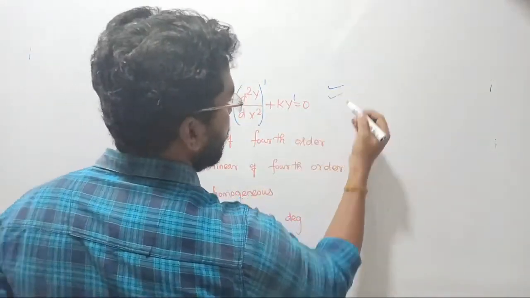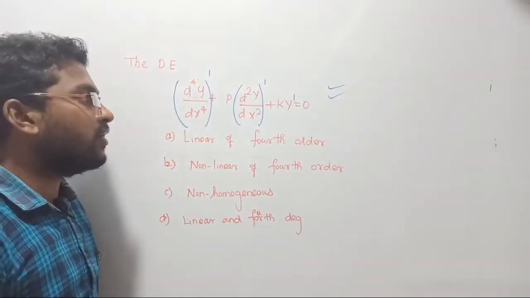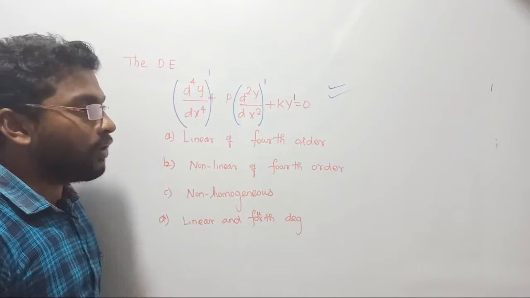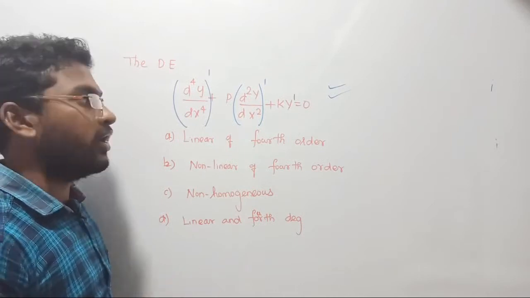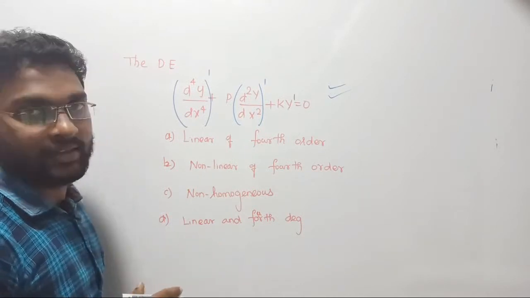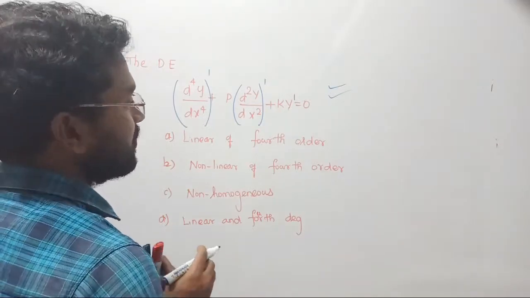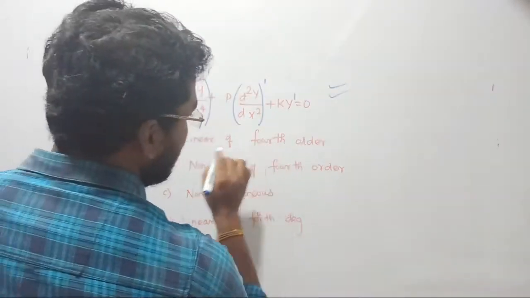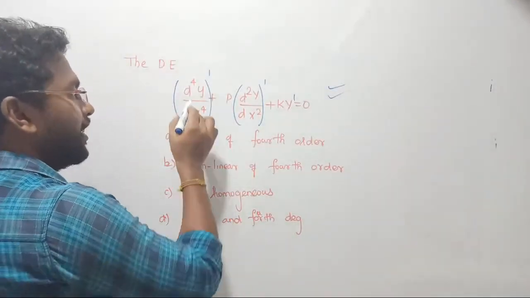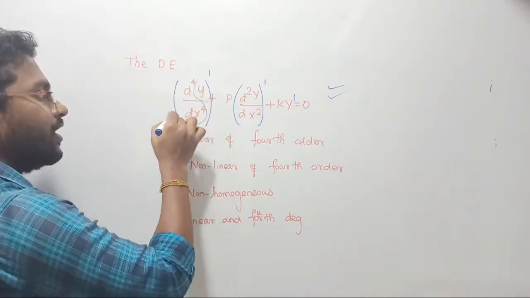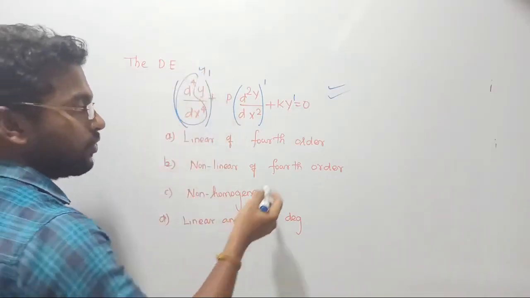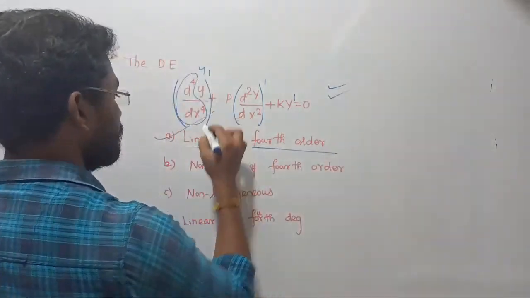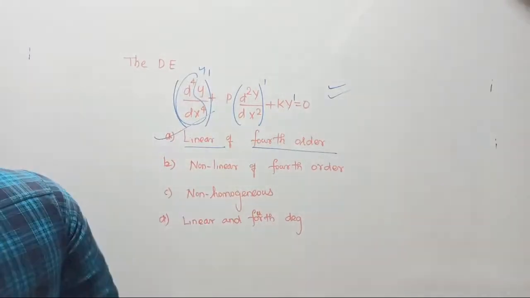And we don't have any transcendental functions like log y, e power y, sin y, cos y, tan y. So the equation satisfies all the conditions of a linear equation. The order is the highest derivative, which is 4. So the correct answer is linear as well as fourth order, option A.